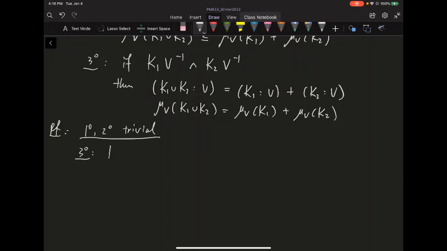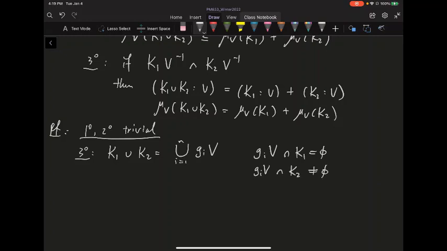So suppose you have some cover of k1 union k2 by some gi times v, where i goes from 1 to N. Because k1 and k2 are separated by this v, suppose some gi v intersects k1 non-empty, and also intersects k2 non-empty.